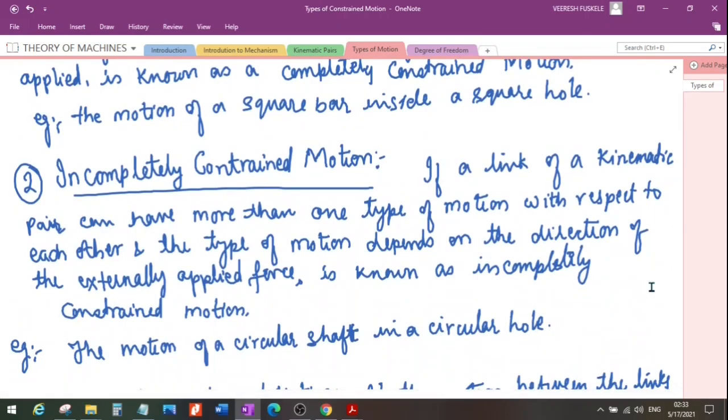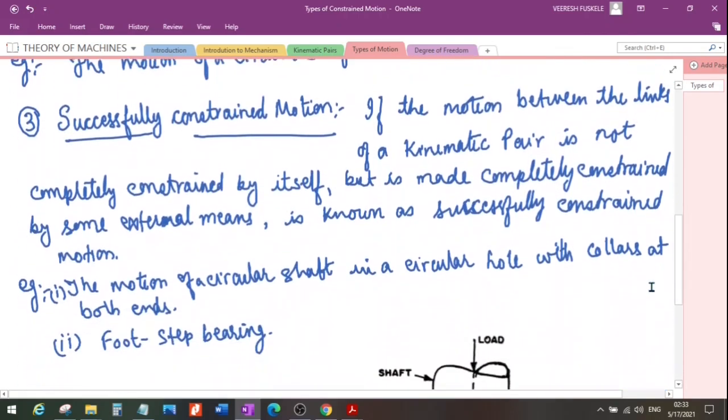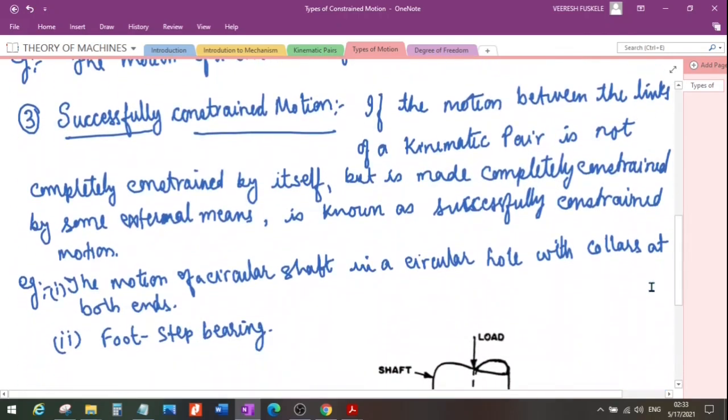And if we convert this incompletely constrained motion to a completely constrained motion with the application of some external means, then this is known as successfully constrained motion, right? So this is all about the types of constrained motion.